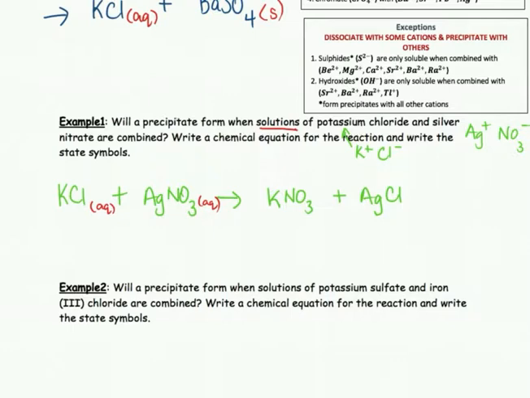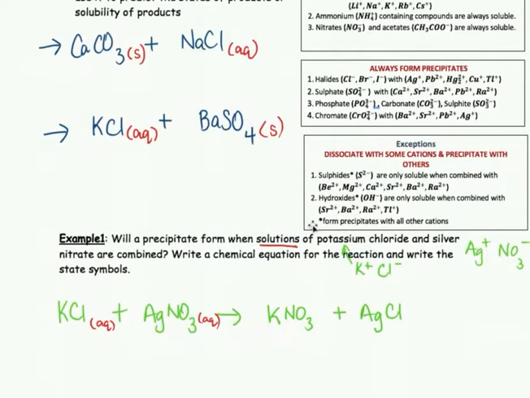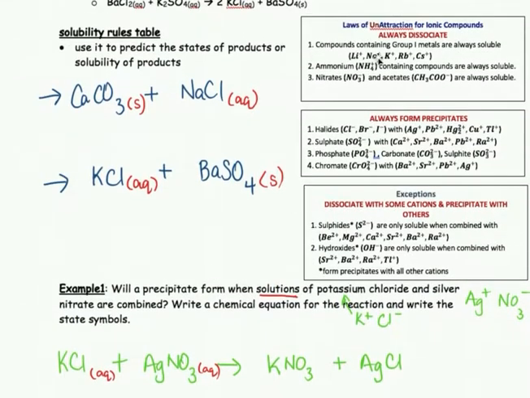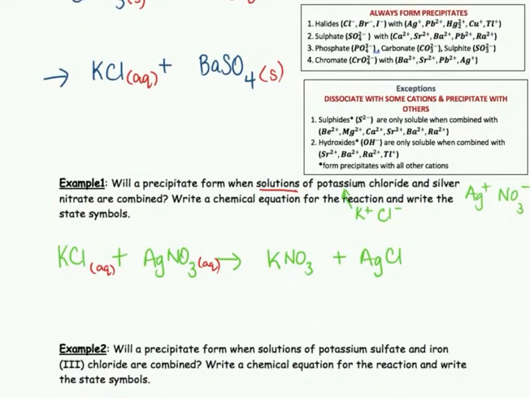We mix them in water, take the powder, mix them in water, and then dump them together and look at the reaction to see what type of products form. So we have potassium nitrate as the first one. Let's scroll back up to our solubility table. Right away you see potassium, and even nitrate, you're like, oh yeah, that is definitely soluble. So you're going to write aq.